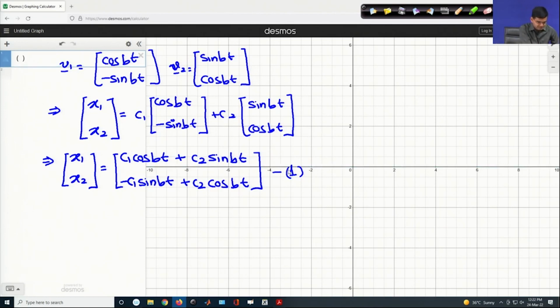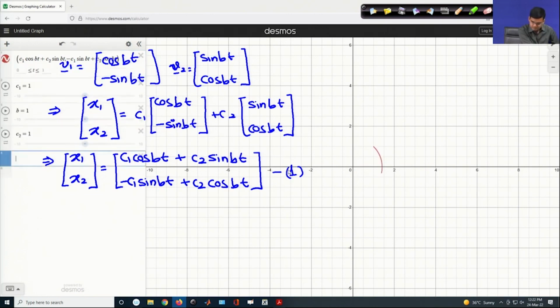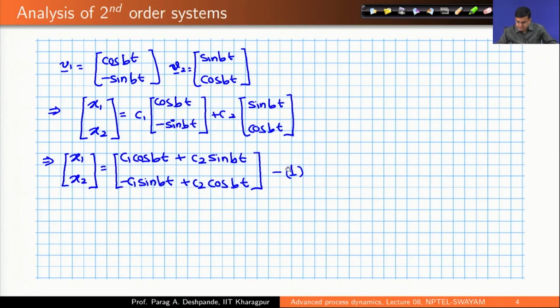So, I have C 1 cos b t plus C 2 sin b t, minus C 1 sin b t plus C 2 cos b t. Okay. So, before I do some rearrangements, let me clear this up.